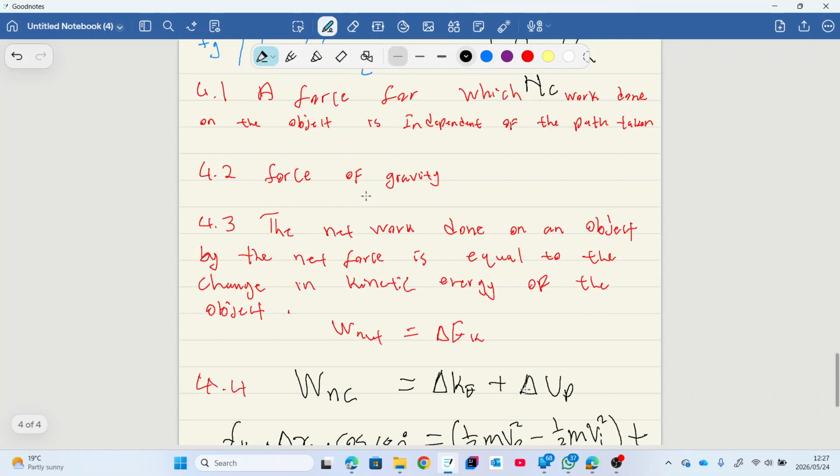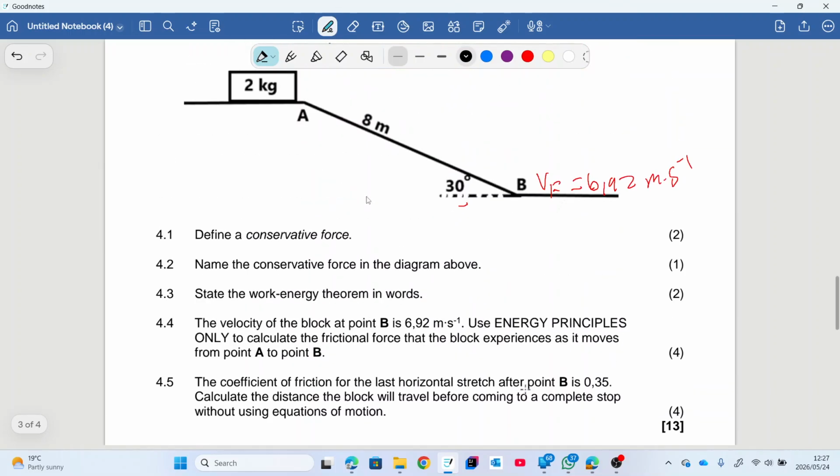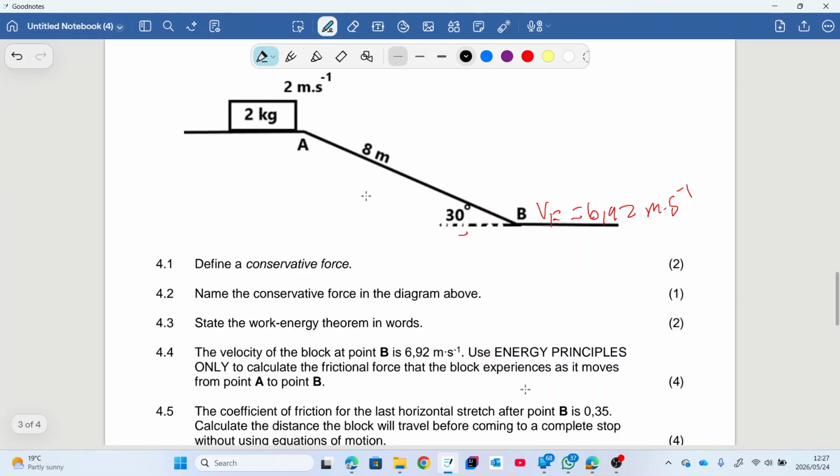So now let us go back to the diagram so that we can substitute our values. Delta x is 8 meters.